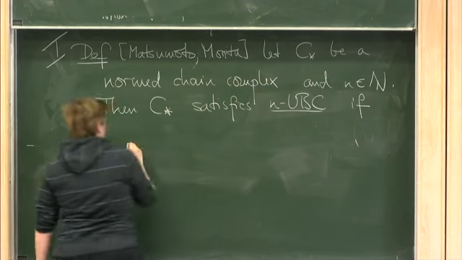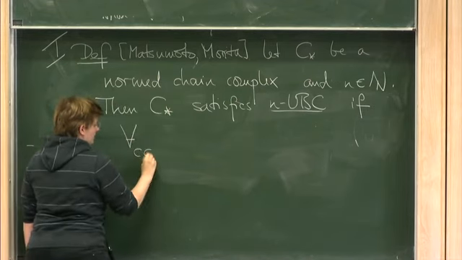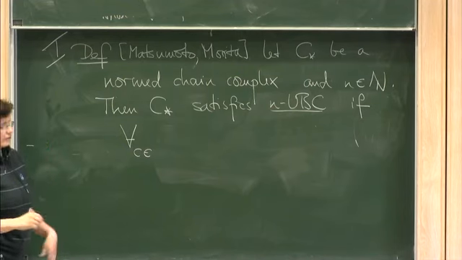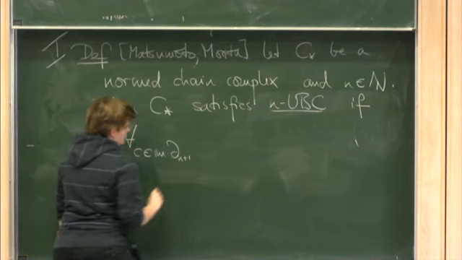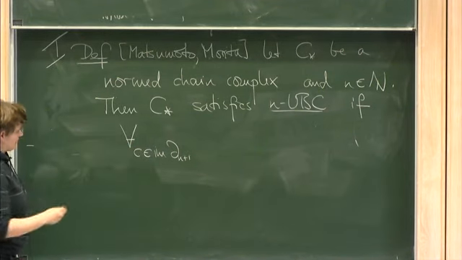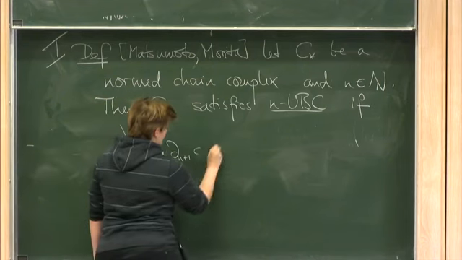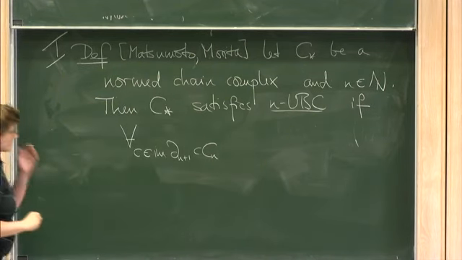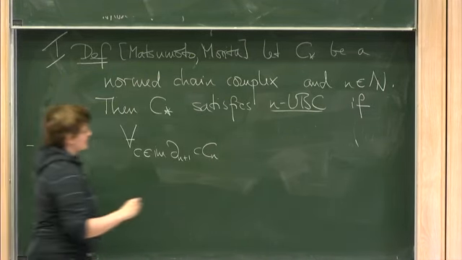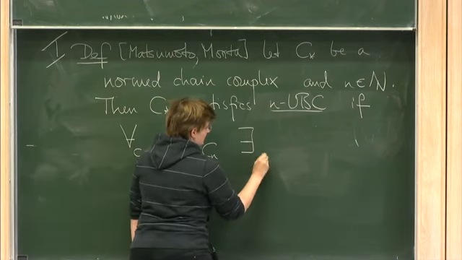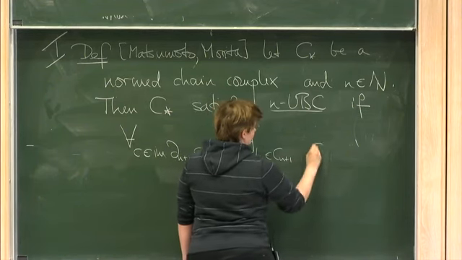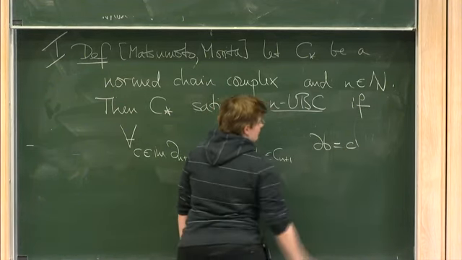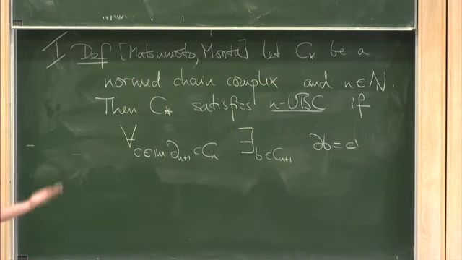Whenever we have a chain c that is in the image of the boundary map, so it's a boundary, from degree n+1 to degree n, so this sits in C_n, then of course by definition we know that there is a chain b in C_{n+1} such that the boundary of this chain is c.